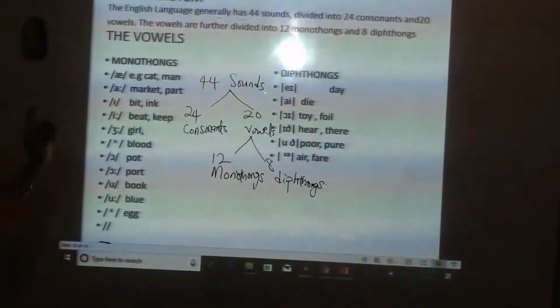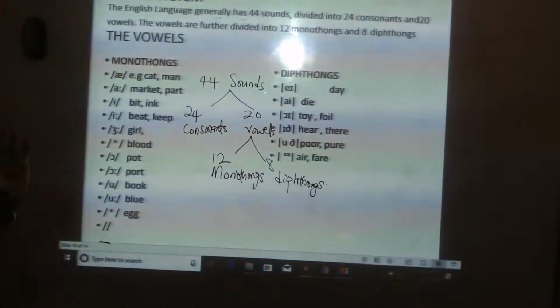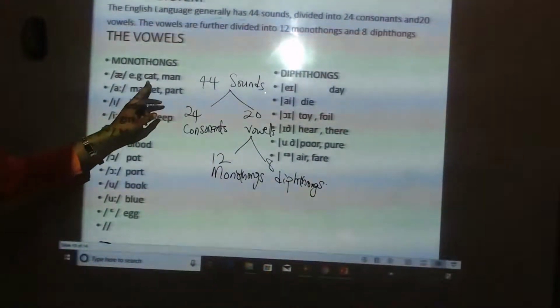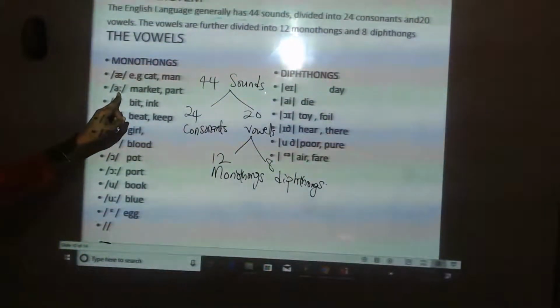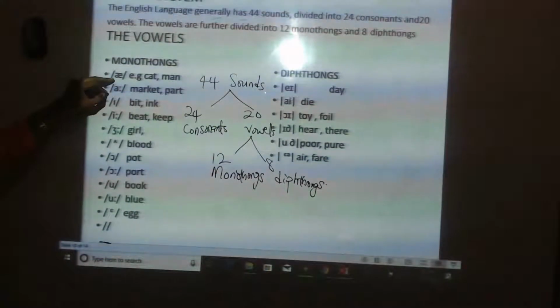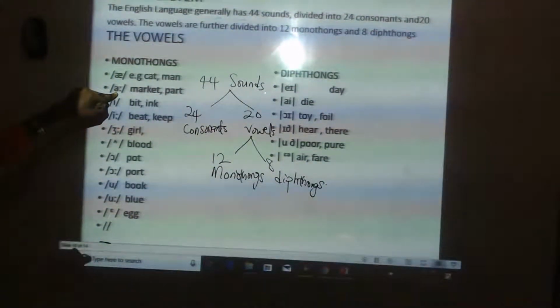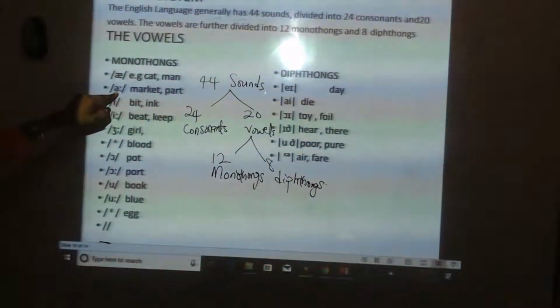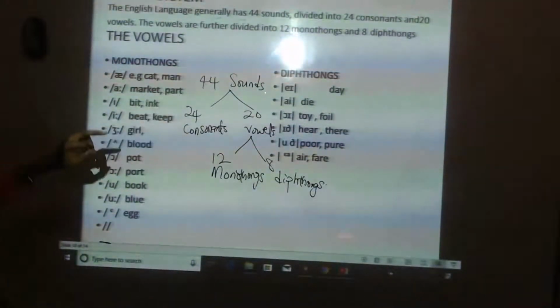Now here we have a and it's short and sharp. For example, cat, man. And we have the next one, a longer version of this a. You just have to draw it longer in pronouncing them. For example, market, part.